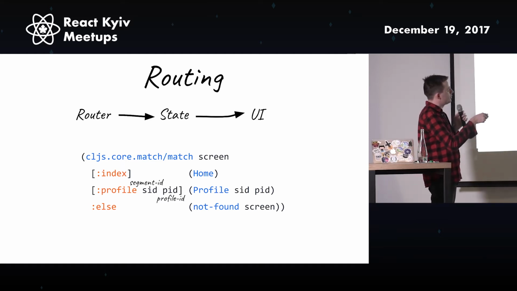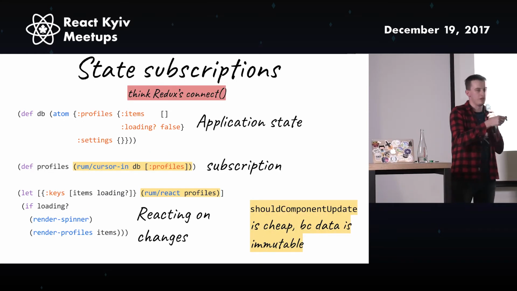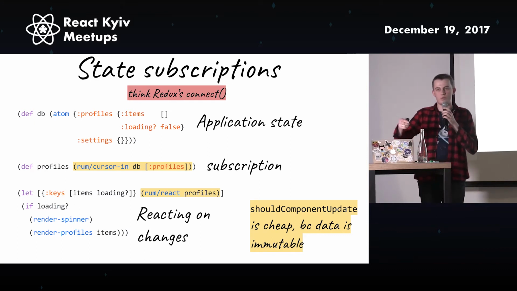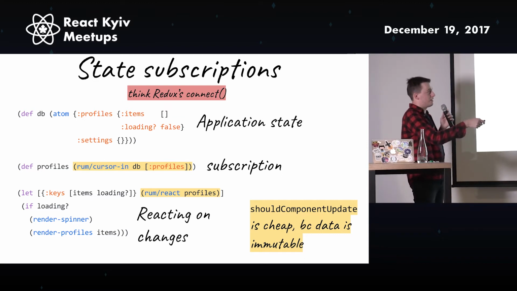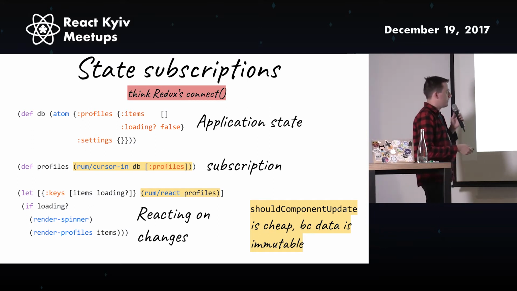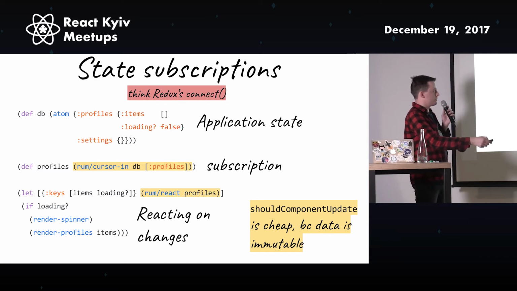Then we put that route into the global state, and somewhere in the UI, for example, if you have a router controller or component, you take this data from the state and then match against it and render the appropriate view, right? Okay. So it's all the same as in JavaScript.